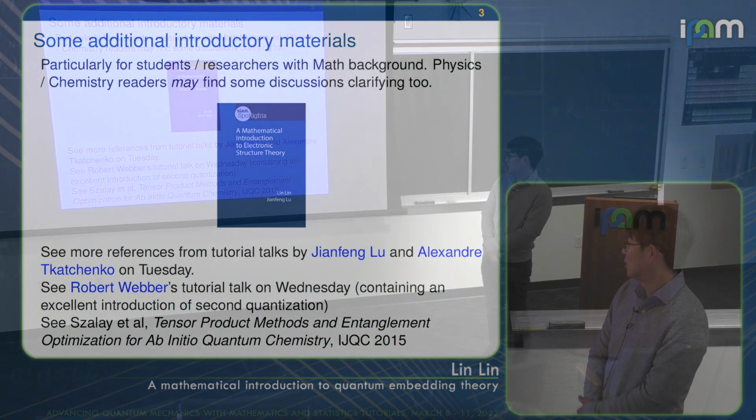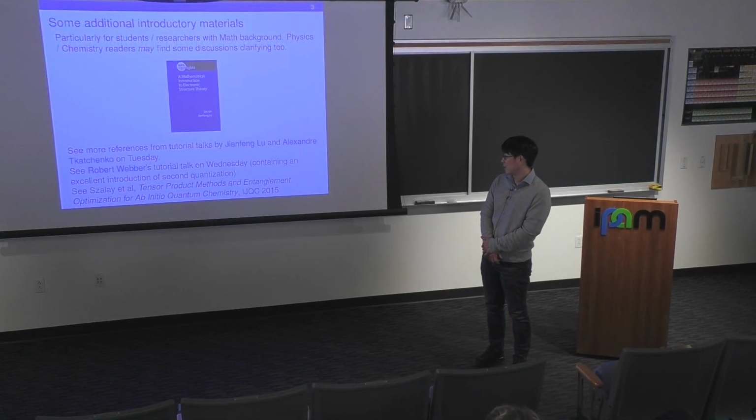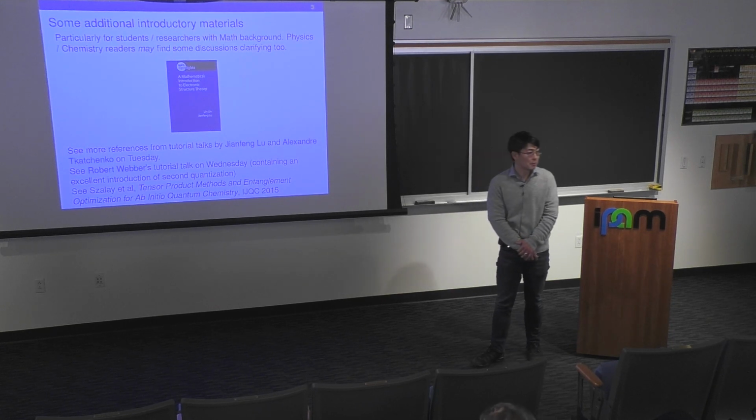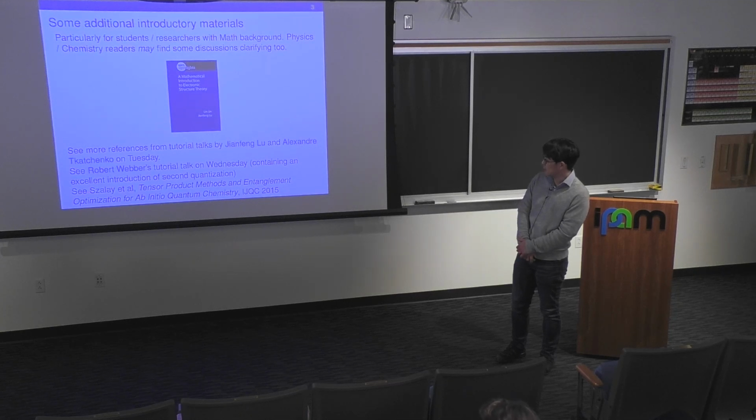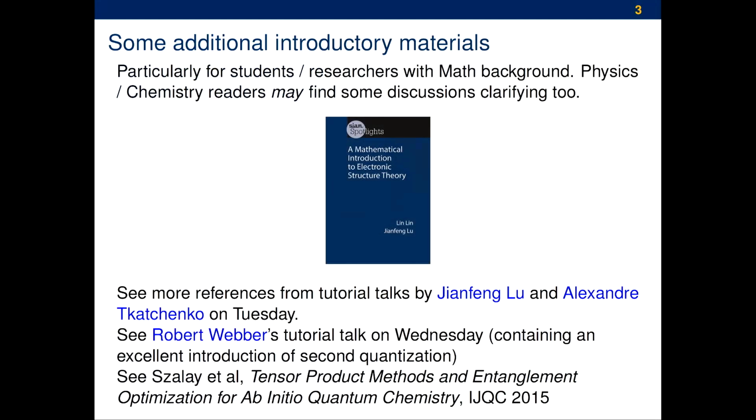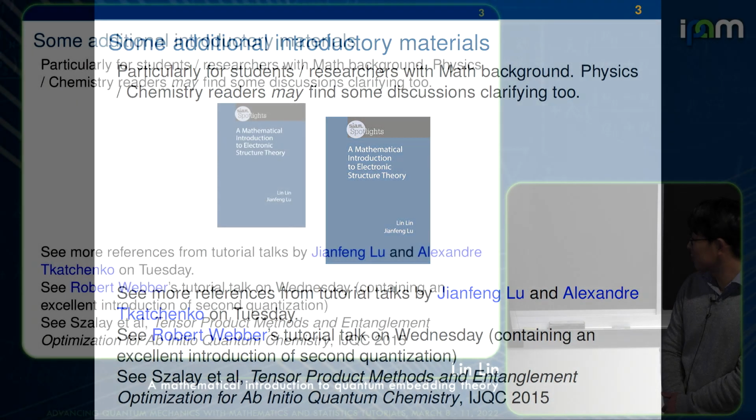I very much appreciate that Robert gave a talk containing an excellent introduction to second quantization, which makes my job a lot easier. I also want to advertise this paper, a tutorial or perspective paper in the International Journal of Quantum Chemistry by Saleh, Reinhold Schneider, Ola Legeza, and tensor people, which has about 10 pages on the numerical aspects of second quantization.